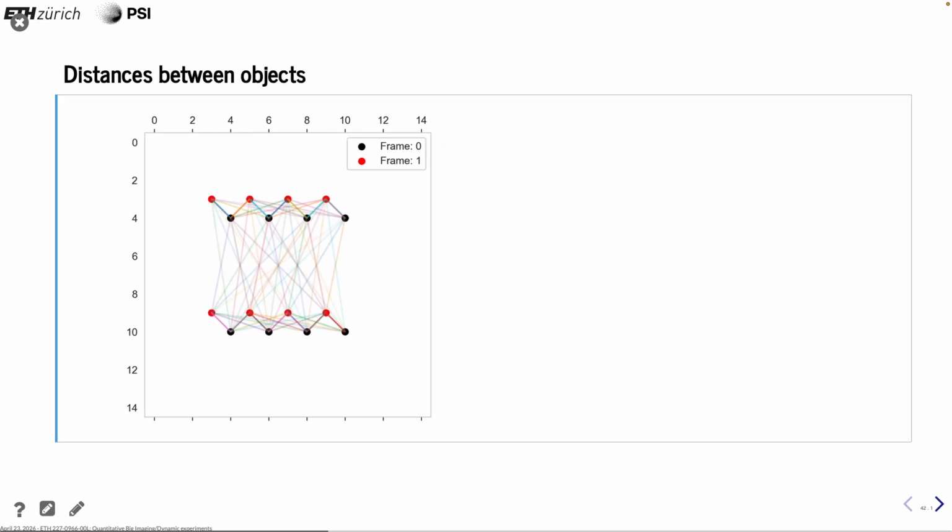So the first step is actually a bit expensive, but you actually compute the distance between all combinations of dots. And then you see that some are very long, some are shorter, and afterwards we just select the ones that have the shortest distance.